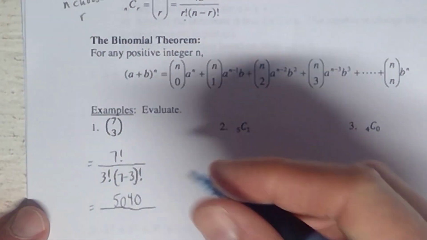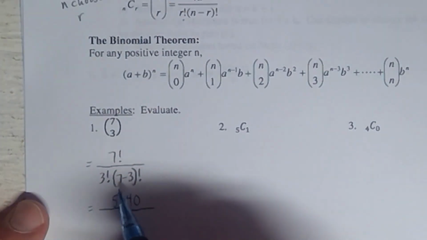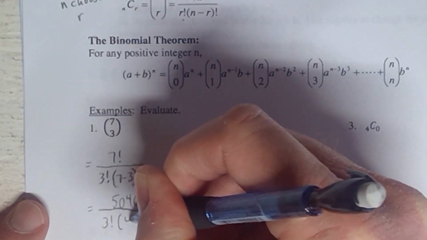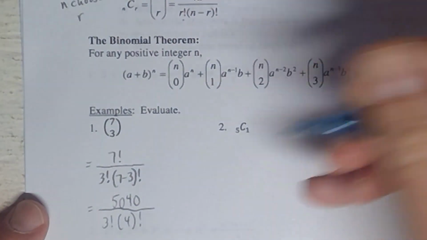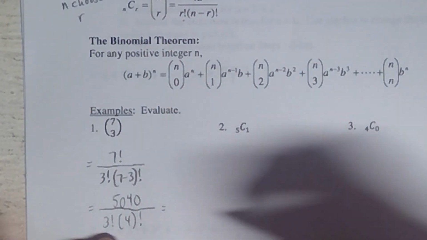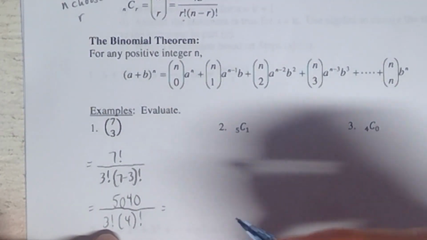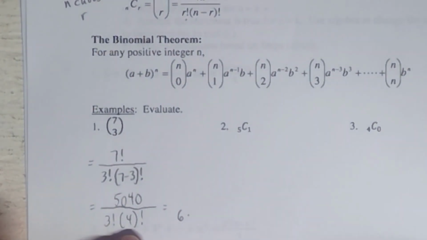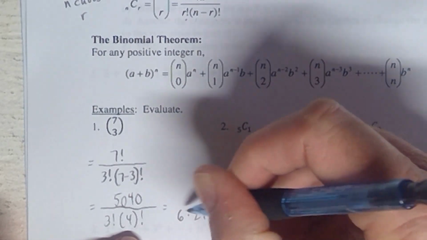And what about on the bottom, though? Again, you got to do parentheses first. Then you do the factorials before the multiplication. 3 factorial is 3 times 2 times 1, which is 6. 4 factorial is what? That is 24, as we just found out.